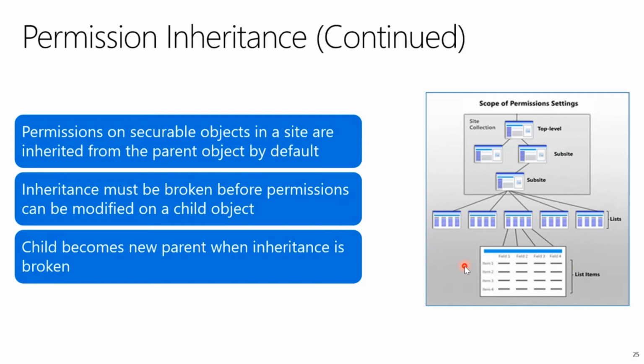So let's understand a bit more about it. Let's assume I have a library on which users have read permission. All the users, or whichever users are part of that site, and libraries inheriting from that site, have read permission, or they are part of the visitors group. Now we want a folder added to that library that would allow only some set of users to contribute to that folder, and only to that specific folder.